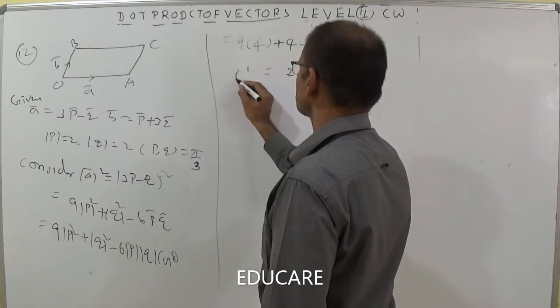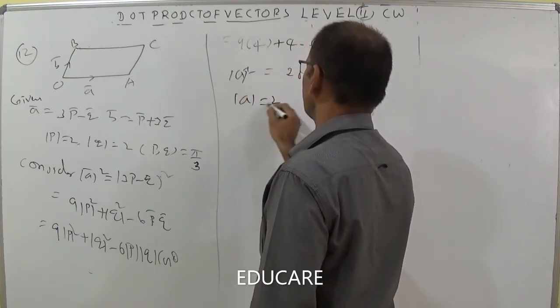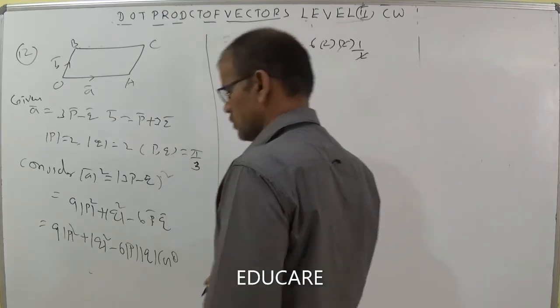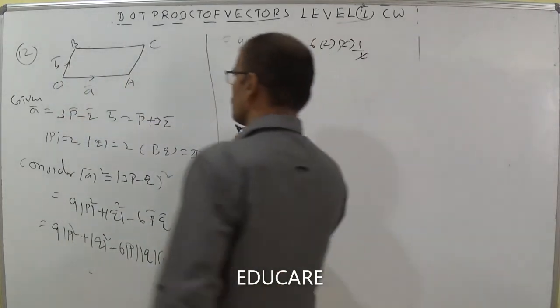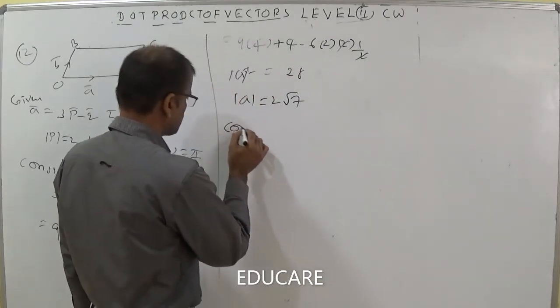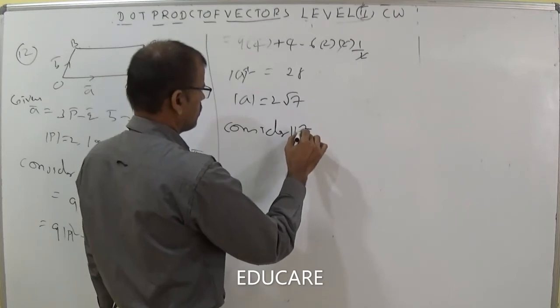Now mod A square you write here, we got 28. Mod A you write here 2 root 7. Okay. Next, consider mod B square. Now we should calculate the ratio between A bar and B bar.